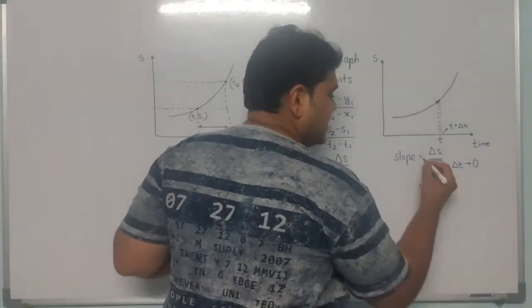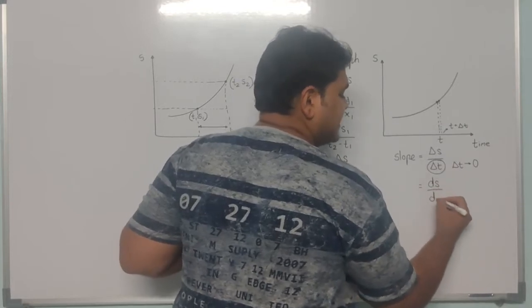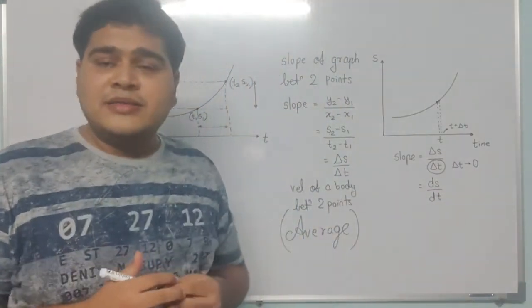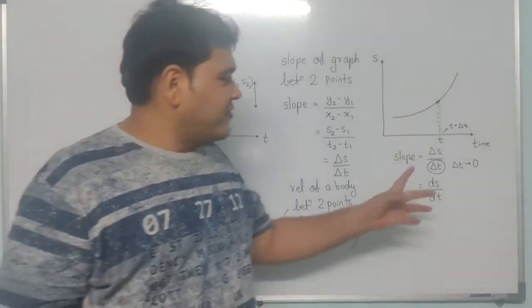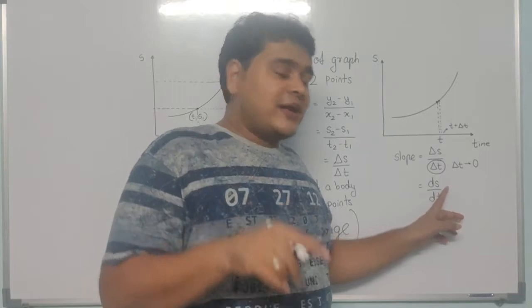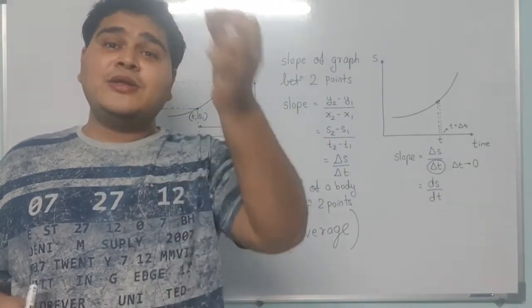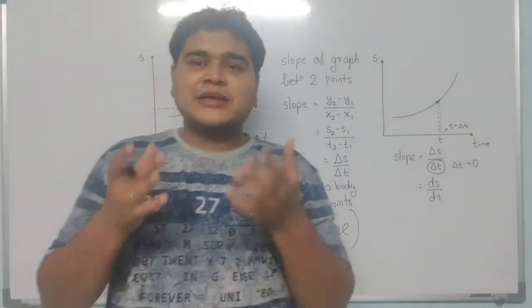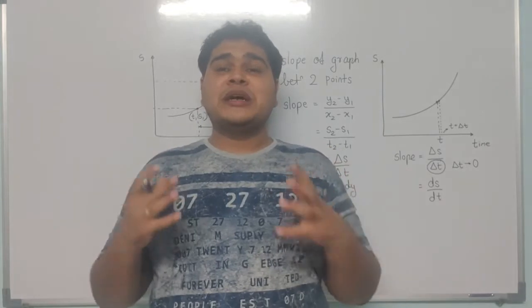I can write delta s as ds and delta t as dt, where the d stands for derivative. So the derivative of s with respect to time, where the time interval is tending towards 0, is called the derivative when you are dealing with graphs.